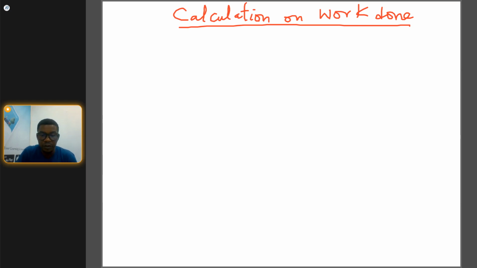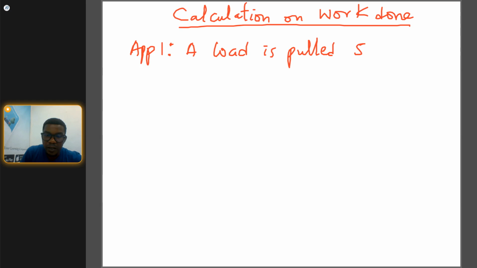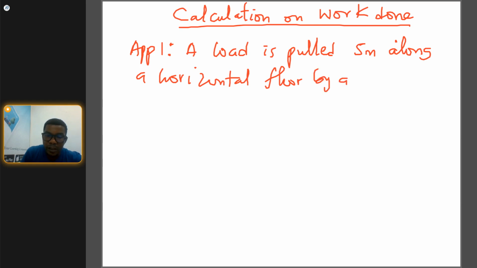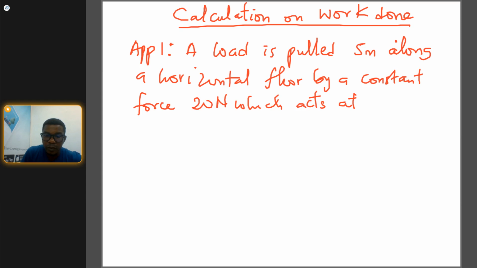So let's consider the first application. A load is pulled 5 meter along a horizontal floor by a constant force of 20 Newton, which acts at 30 degree to the floor.